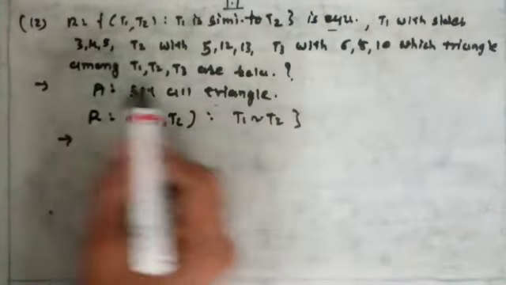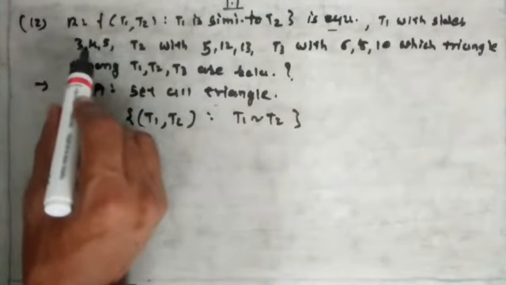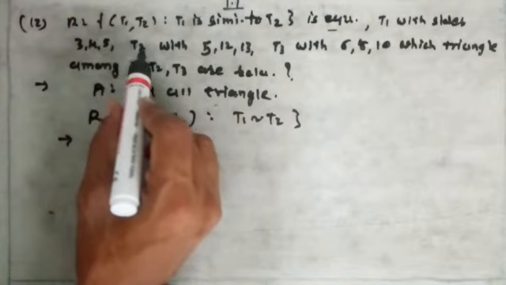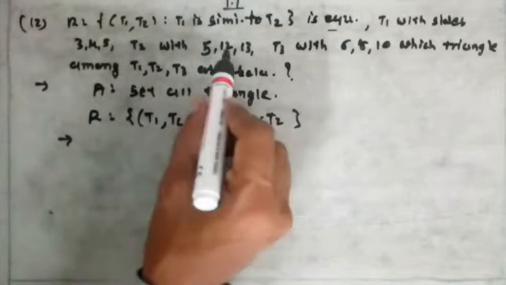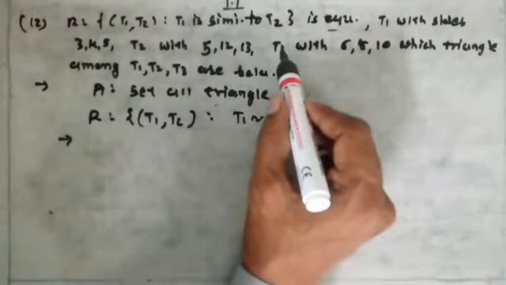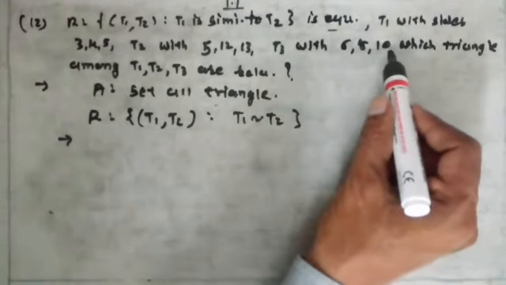For T1, the lengths of sides are 3, 4, 5. For T2, the lengths of sides are 5, 12, 13. Not in the same proportion. T3 has sides 6, 8, 10.